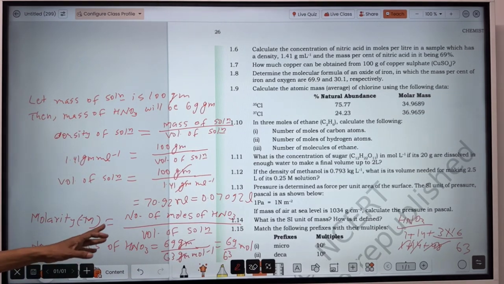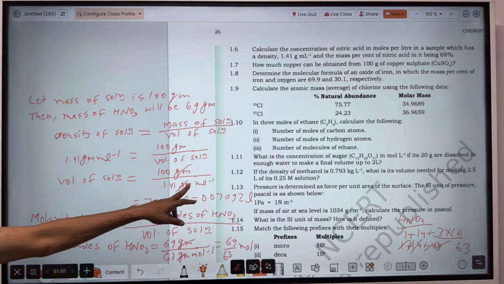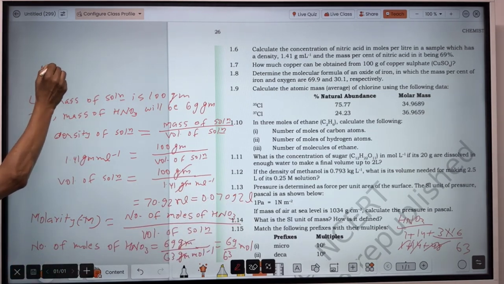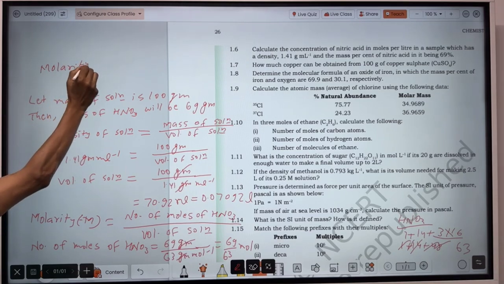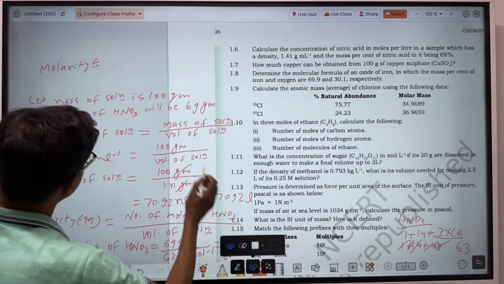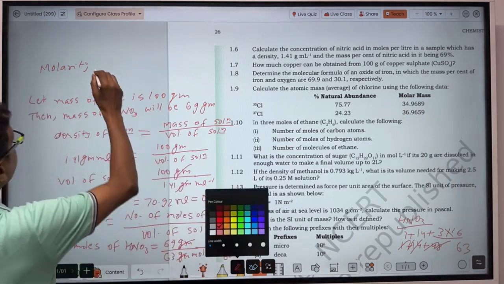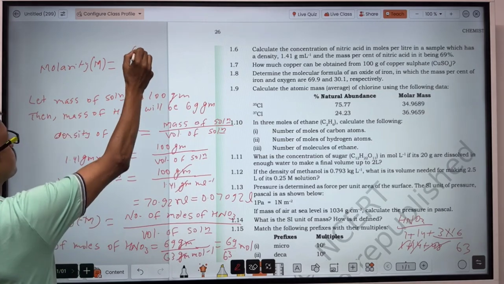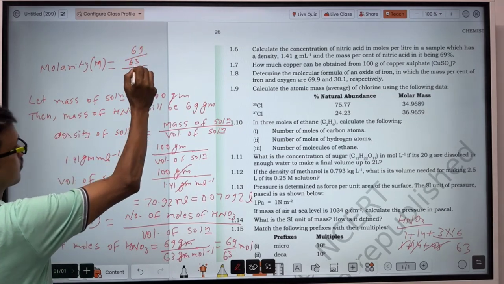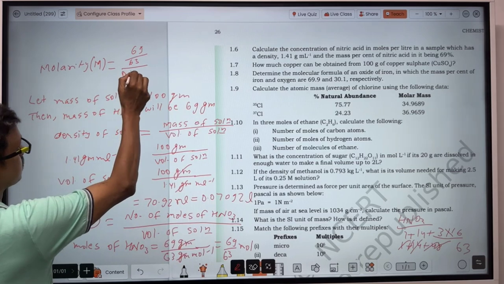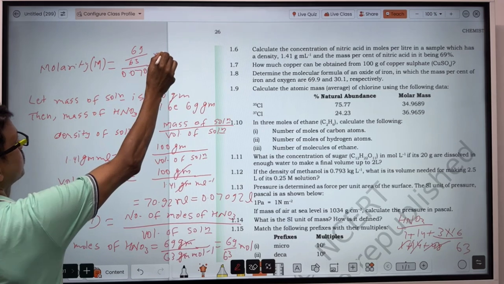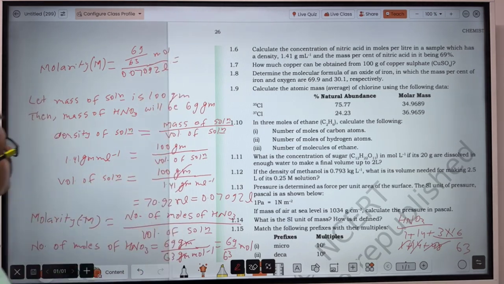Now for molarity, 69 by 63 upon this volume, 0.07092. So molarity is in mole per liter. Now how much is 69 by 63 coming?